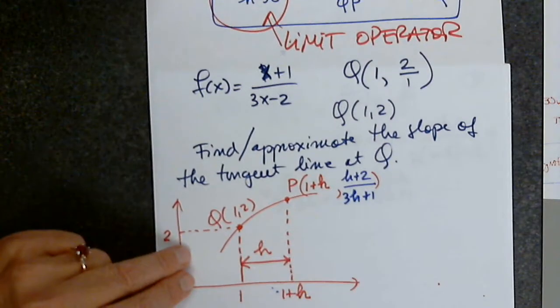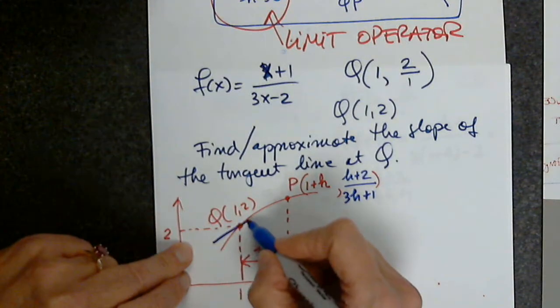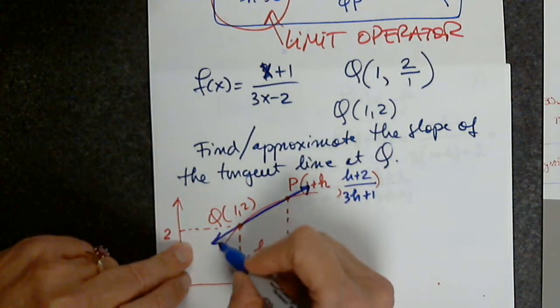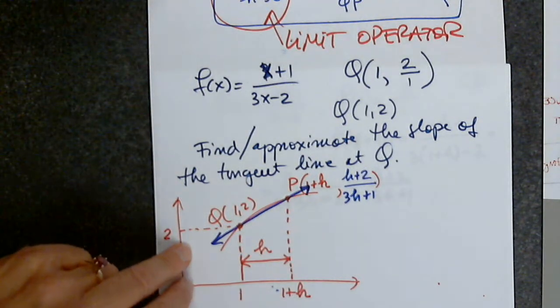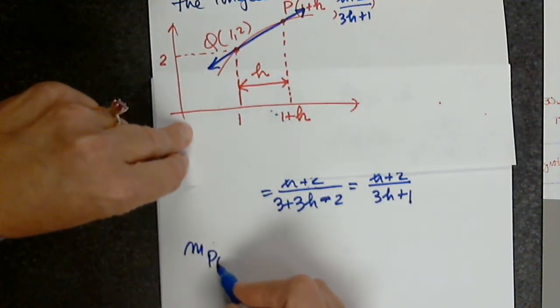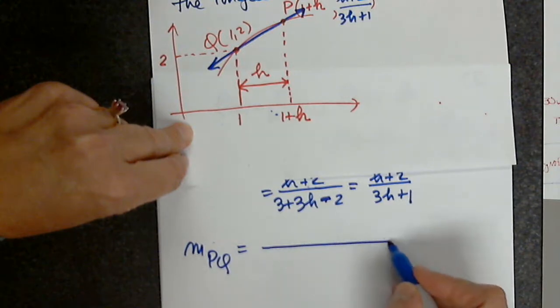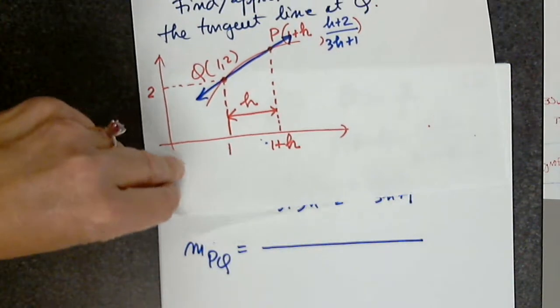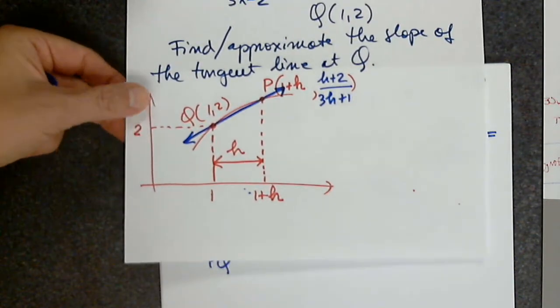Okay, so then, again, I will draw the secant line. I will determine the slope of PQ. Nothing different from before, everything the same.